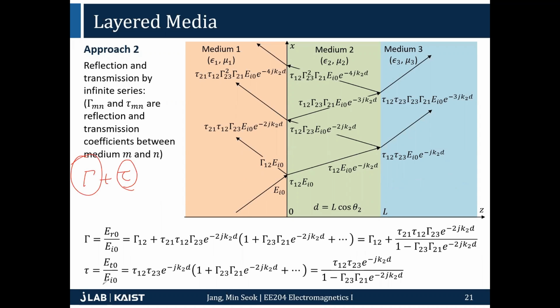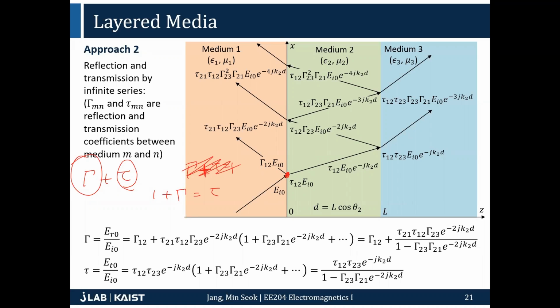What needs to be 1 is the transmittance plus reflectance. So when you have one boundary, then we know that gamma plus tau is 1. No, it's not gamma plus tau. It's 1 plus gamma equals tau, right? Due to the boundary conditions.